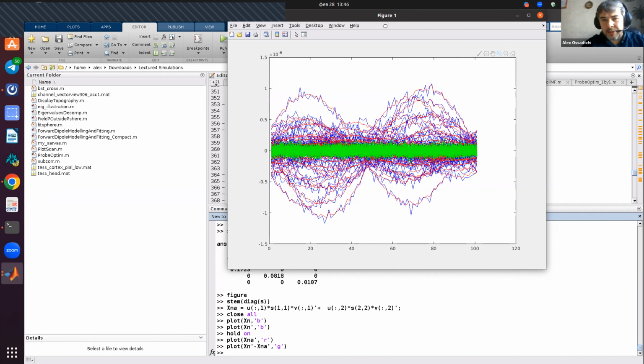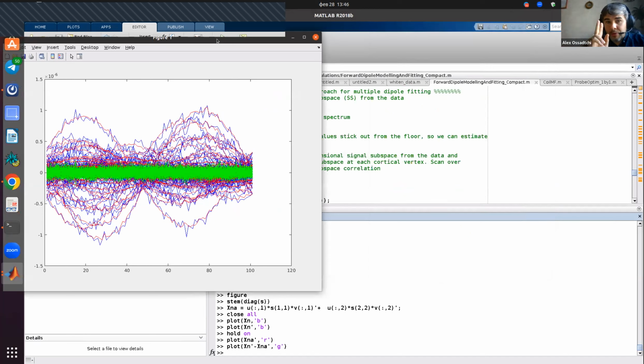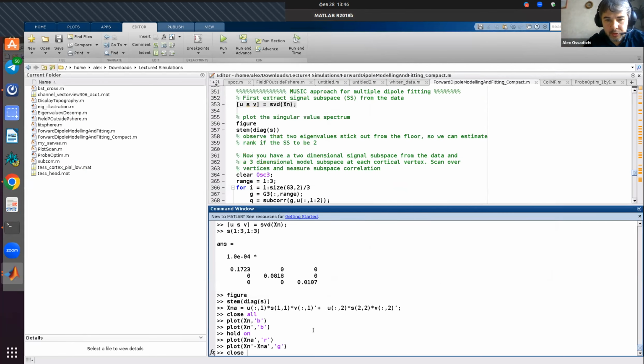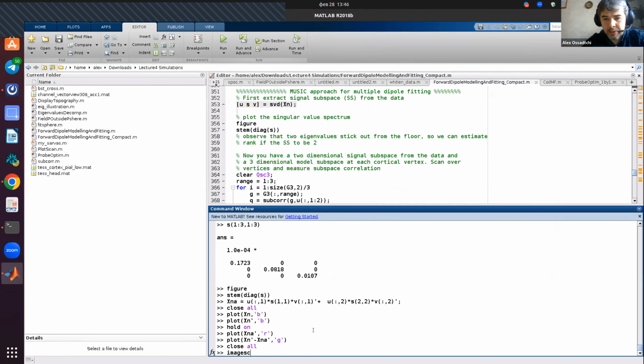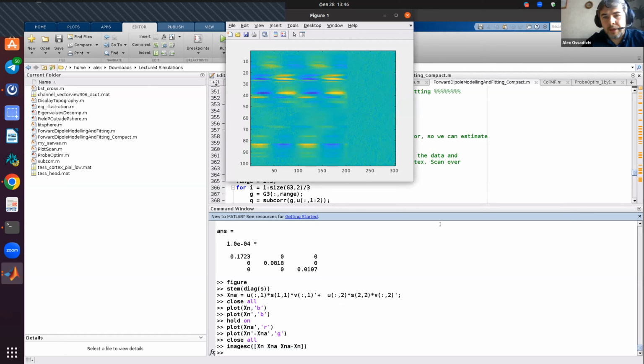So my only two components represented my data almost completely. Okay, so you can do it this way again. You can represent x original, xna, and x minus xna.